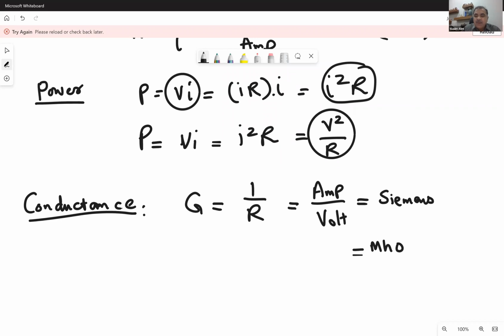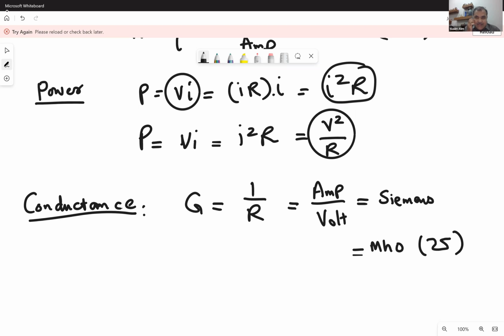It's like ohm in reverse. And also the symbol for that is an upside down omega. So that's the symbol of conductance, or the unit is mhos, Siemens, either one is fine.